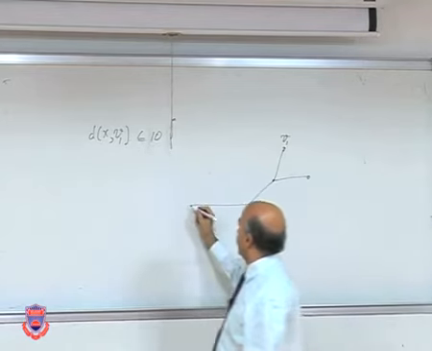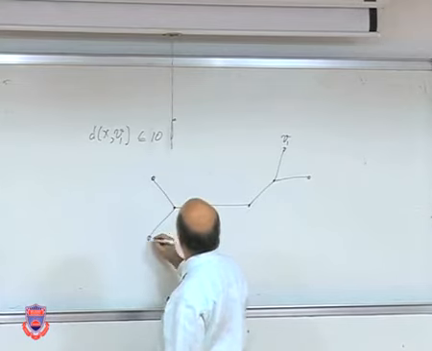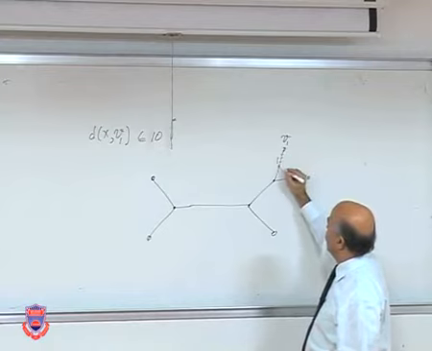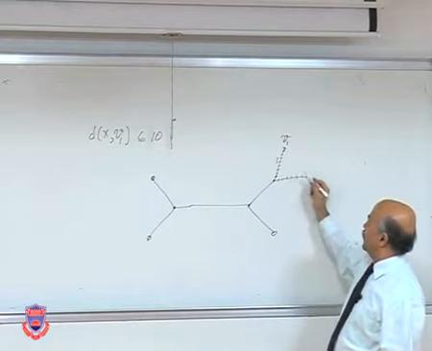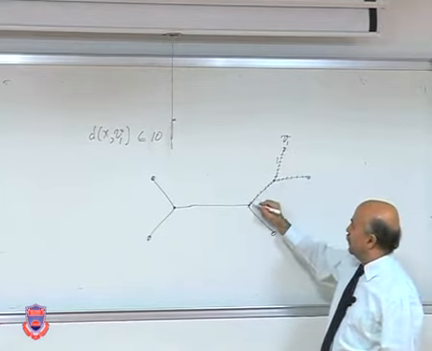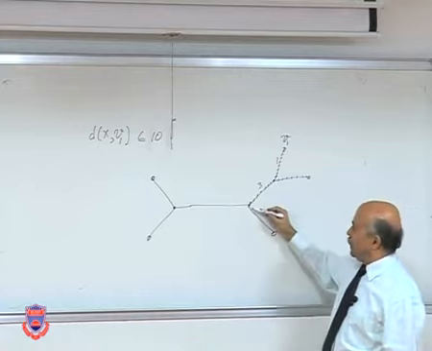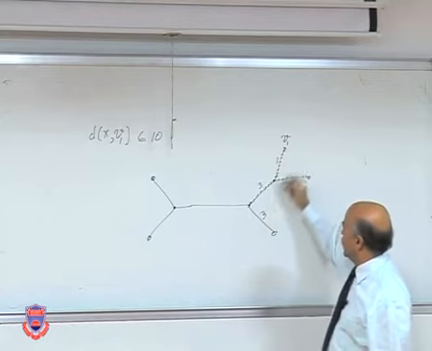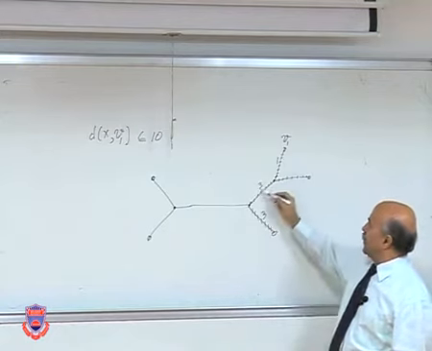Okay? So it simply tells you that you can go 1 unit here, and then 1 unit here. I'm still within 10 units of distance. I can go, what was it, 3 this way. And how much was this? 3 again this way, because I'm still within 10 units. Now that's 4.